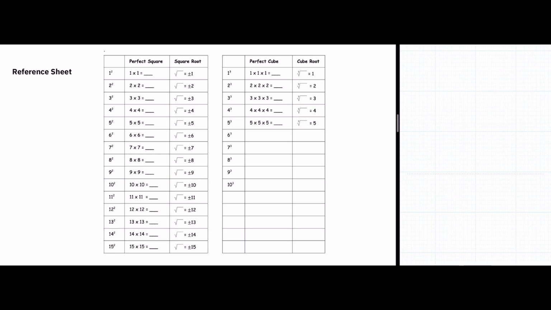The square numbers are pretty easy. We're just multiplying the number by itself, so we do know most of these. For example, we know 1 times 1 is 1, 2 times 2 is 4, 3 times 3 is 9, 4 times 4 is 16, 5 times 5, and so on. That's all I'm doing, figuring out what those are, and these numbers we should know by heart.